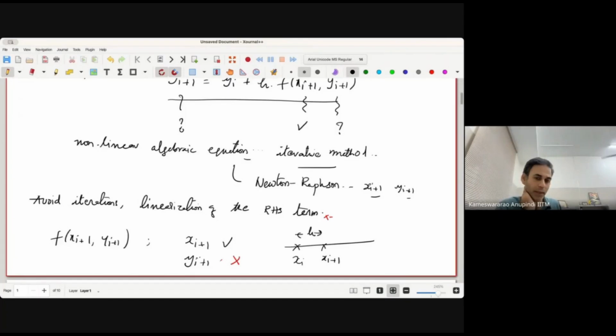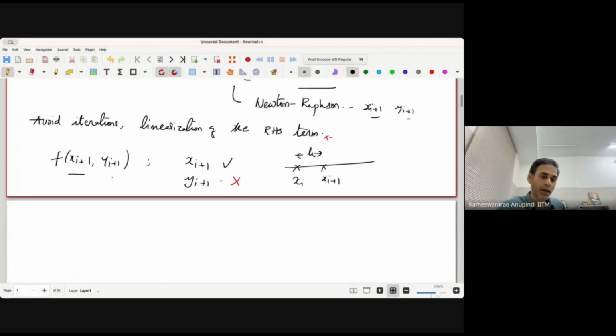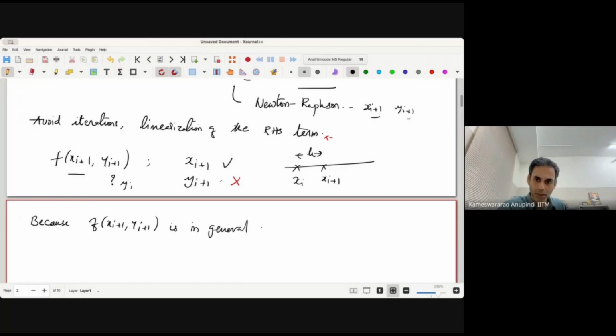So we have to now linearize this f of x_{i+1}, y_{i+1}, not about x_{i+1}, rather about y_i, because f(x_{i+1}, y_{i+1}) is in general nonlinear.